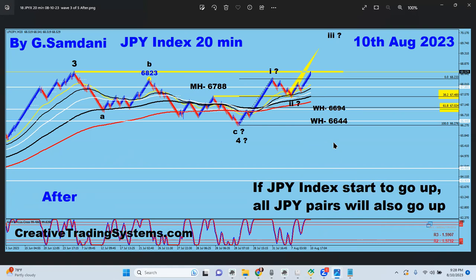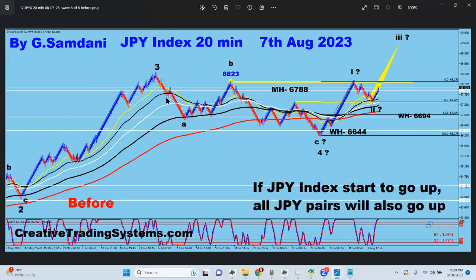So I should have some long trades in yen pairs today, or maybe the 9th and 10th, because the last chart I made was on the 7th. So let's say the 8th, 9th, 10th. In between these 2-3 days, I should have some long yen trades.